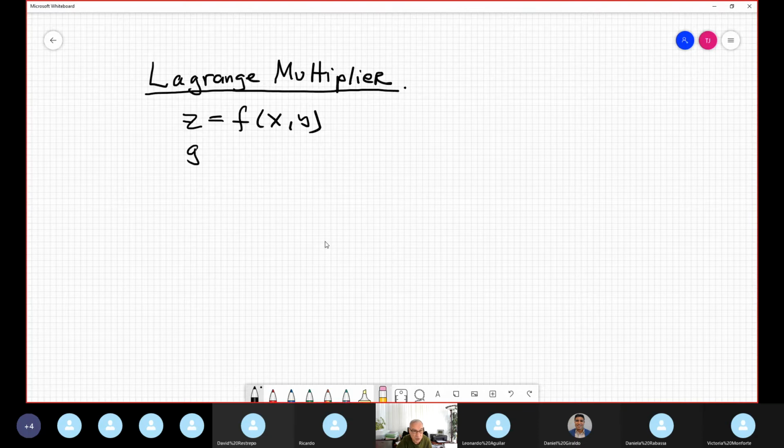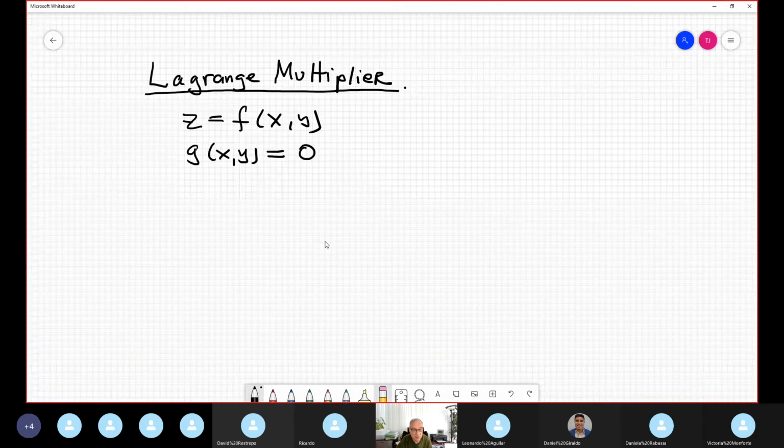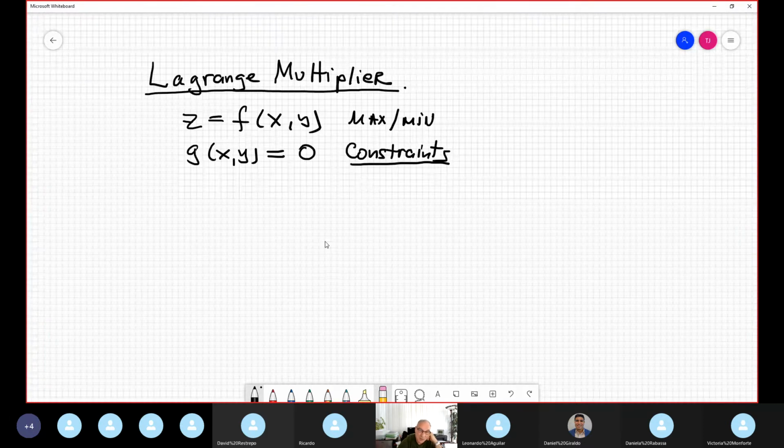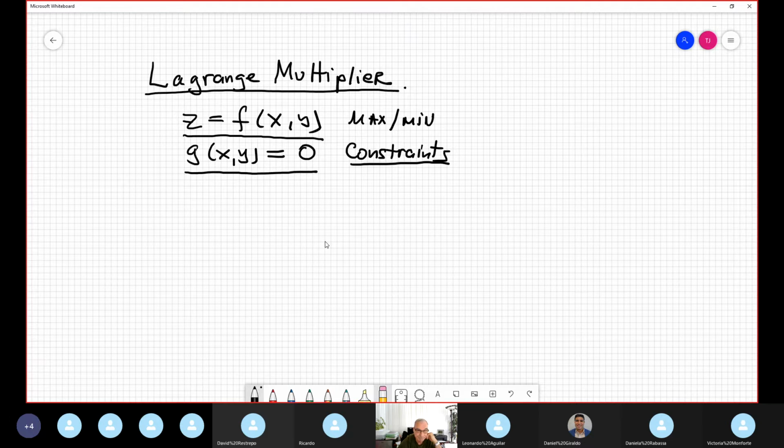Suppose the constraint is g of x comma y equals 0. This is the function I want to optimize, max or min, and this is the associated constraint. So it's basically: minimize or maximize this function subject to this condition.